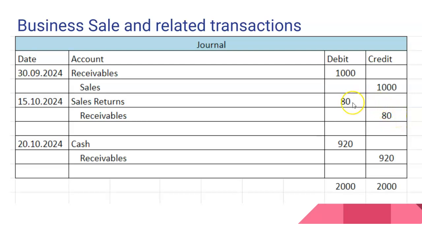We have to park this £80 on the other side to balance it off on sales returns for this damaged item. And when we actually receive cash from the customer, of course there would be £80 less. We clear our receivables of 920. At that time it will be already 920. 1,000 less 80, 920. And in the end, the accounts debit and credit balance again.